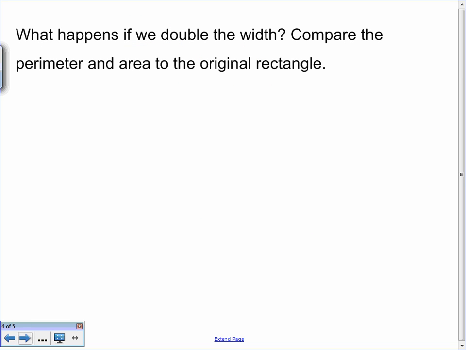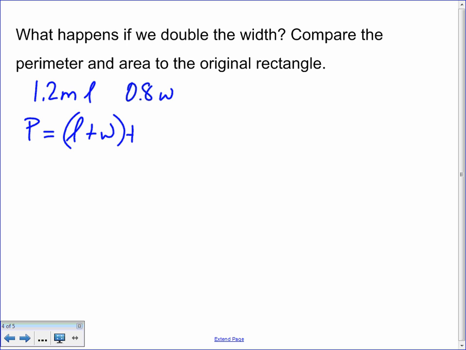So let's take my original rectangle, which was 1.2 meters long and 0.8 of a meter wide. What happens if we double the width? I want to know both perimeter and area. Perimeter equals length plus width times 2.